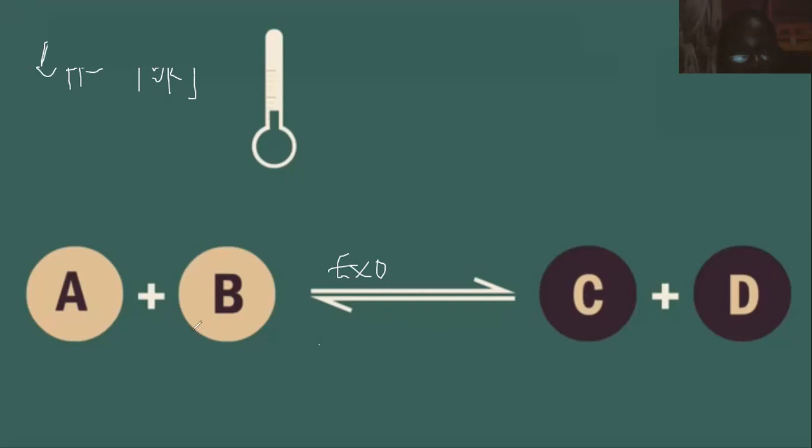When we increase the temperature, it favors the backward reaction. The equilibrium will shift to the left to favor the backward reaction.